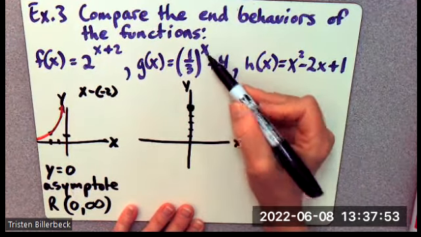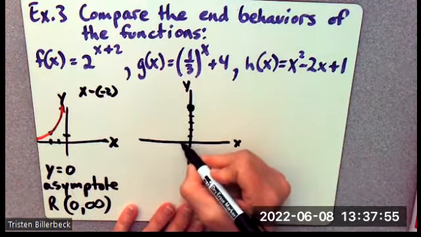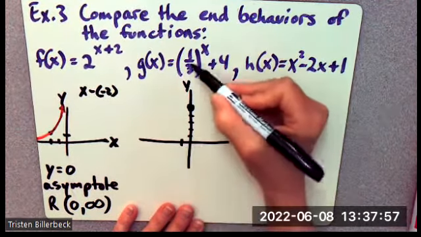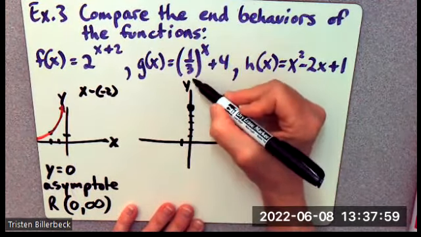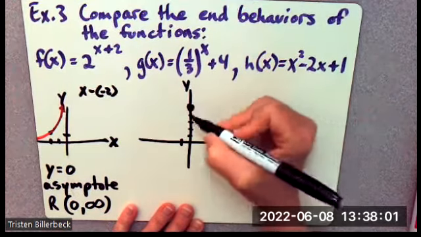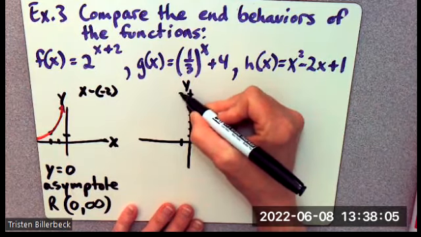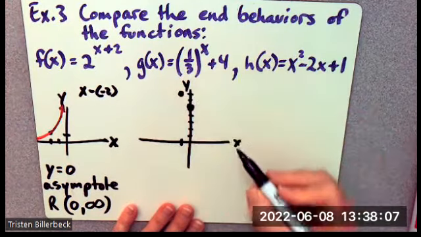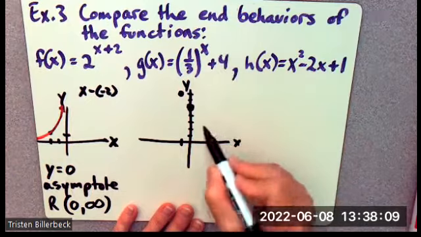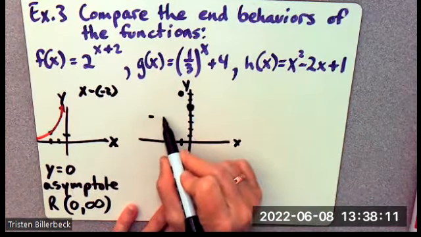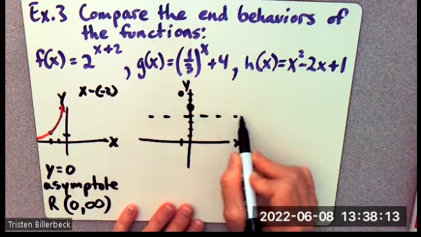Now, as soon as we hit negative 1, that flips this fraction over. So we have 3 plus 4. So if this is at 5, our next point would be right here. All right, we have an asymptote at 4 because that's what that is.